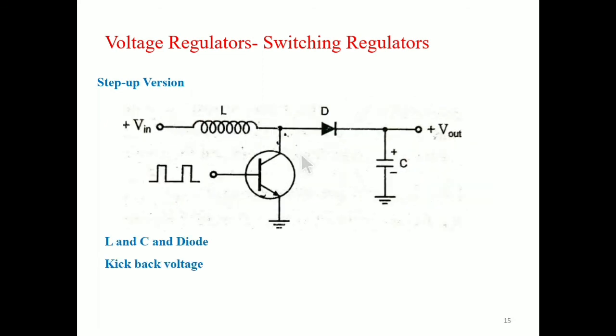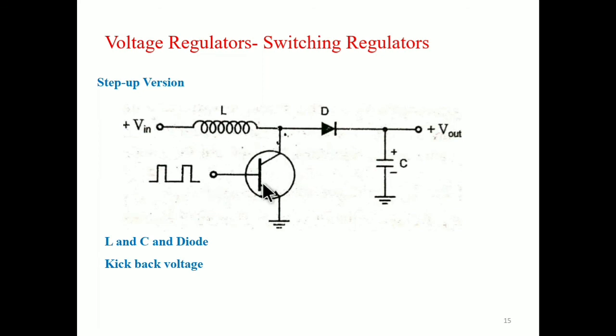What about the step up version? Again it has a transistor, but the circuit is somewhat different. The inductor is introduced in the collector region. The transistor is alternately saturated and cut off. When the transistor is saturated, current flows through the inductor. What happens when the transistor is cut off?